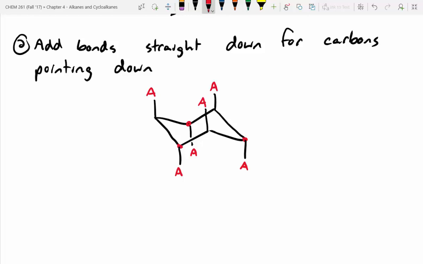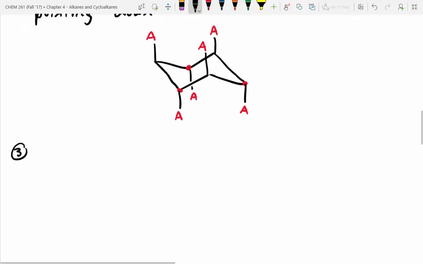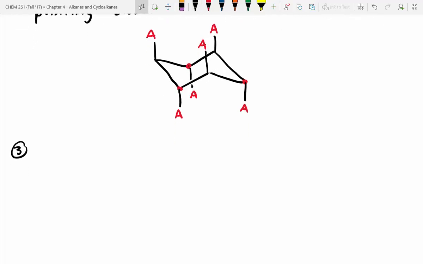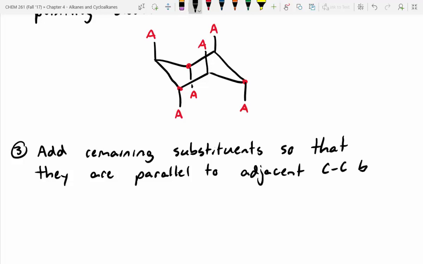All right, now what we need to do is fill in the remaining ones, and these are a little bit trickier. And then we said add remaining substituents so that they are parallel to adjacent C-C bonds.